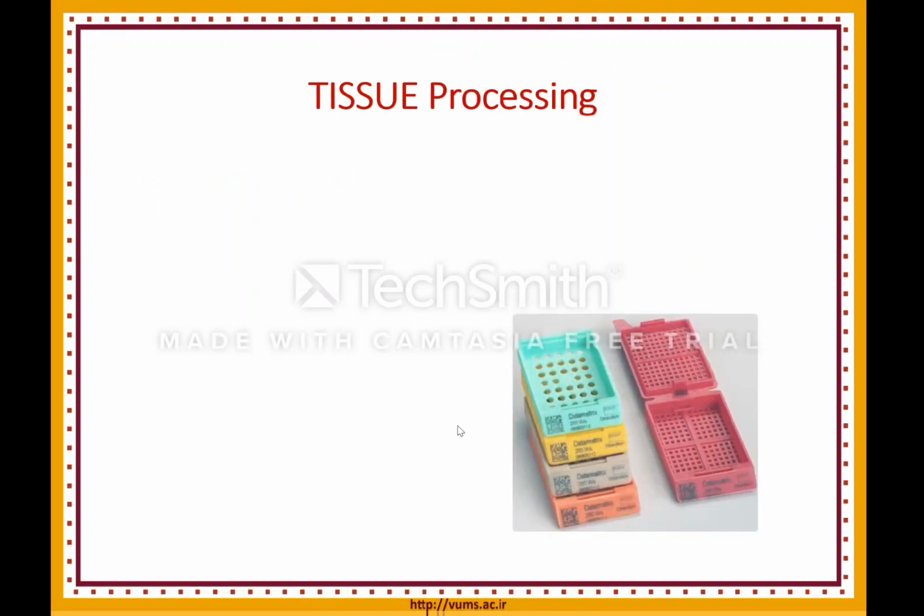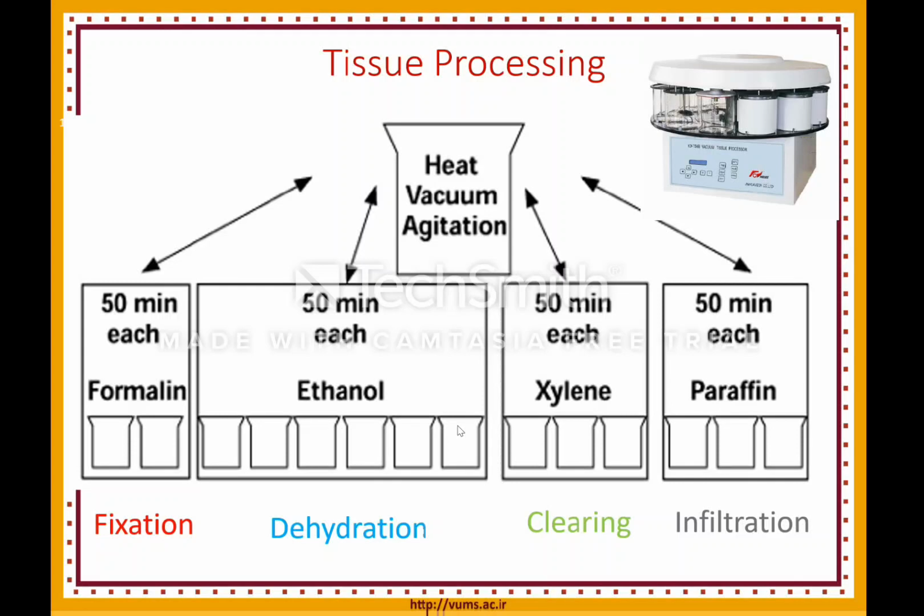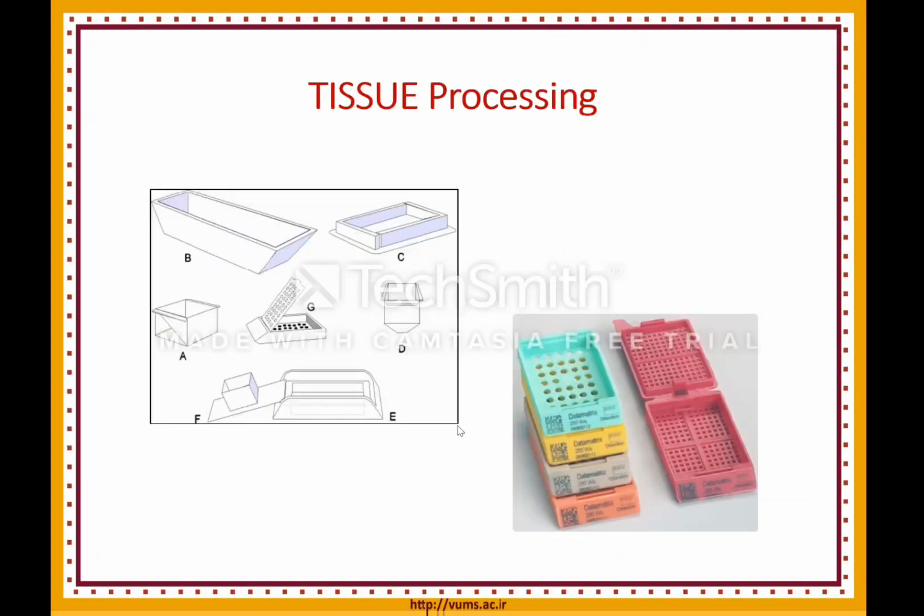When we remove the tissue from, for example, the human body in biopsy in a surgical operation room, or in the laboratory from an animal, at first we fix them in the fixative, such as formalin or paraformaldehyde, that different labs generally use.